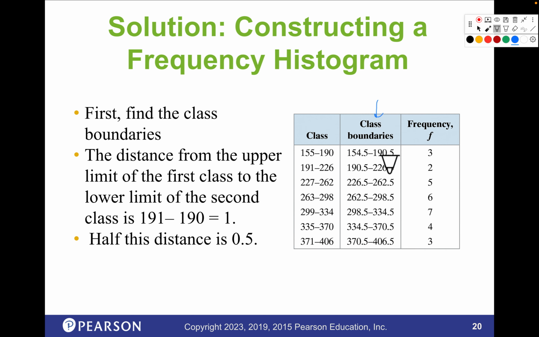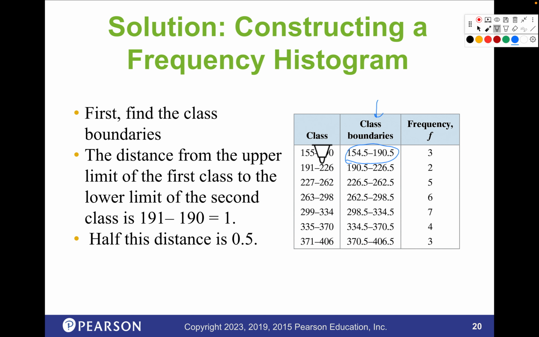So the idea of thinking of this on a histogram is sometimes you would list it like this. So it's very clear our data is 155 to 190 is inside here. We don't have any decimal numbers in there, but you can calculate these class boundaries, and all they've done is, because they want them to touch, see 190.5 goes to 190.5, so they're touching.